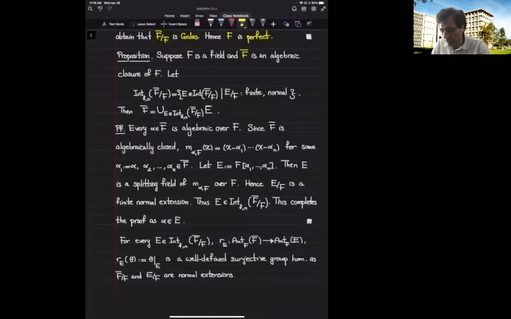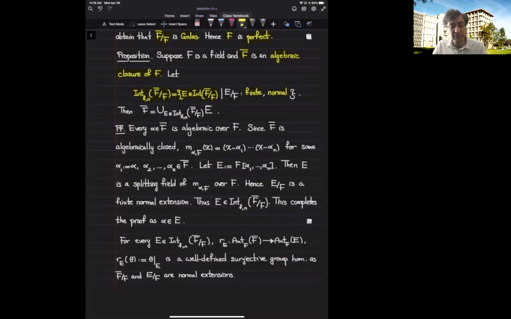So suppose F bar is an algebraic closure of F. I'm going to denote the set of intermediate subfields of F bar over F that are finite and normal by this notation: Int sub F comma N of F bar over F, with Int for intermediate, F for finite, N for normal. It denotes the set of all the finite normal extensions.